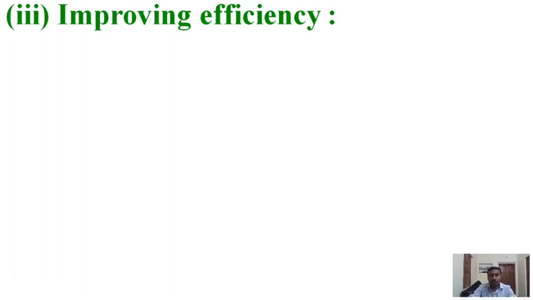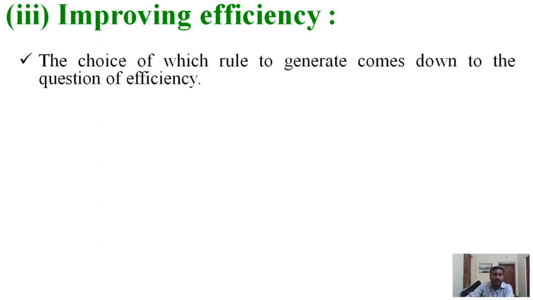The third one, improving efficiency. After generalized rules are identified or constructed, how do we improve the efficiency? The choice of which rule to generate comes down to the question of efficiency. So which rule do you want to generate? That comes under the concept of efficiency.